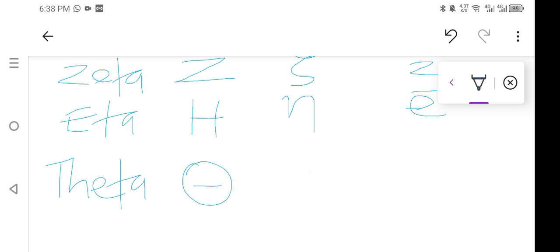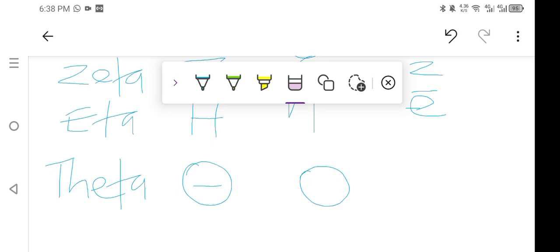You write like you're writing a complete O, and then put a line in it. Think of it like one of the road sign symbols: a complete circle with a line in the middle, but that line does not touch any part of the circle. It starts from somewhere and ends somewhere before the circle begins on the other side. So that is theta, right?